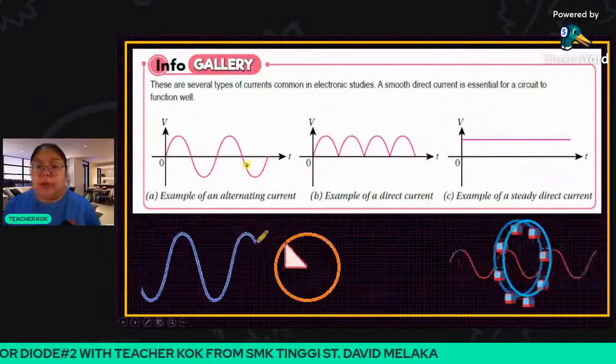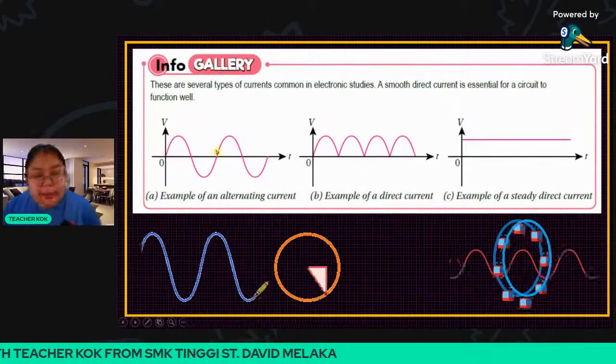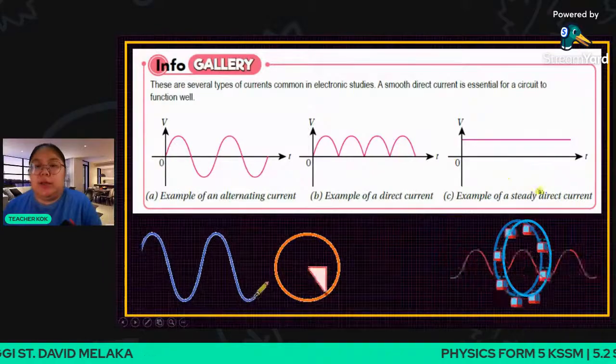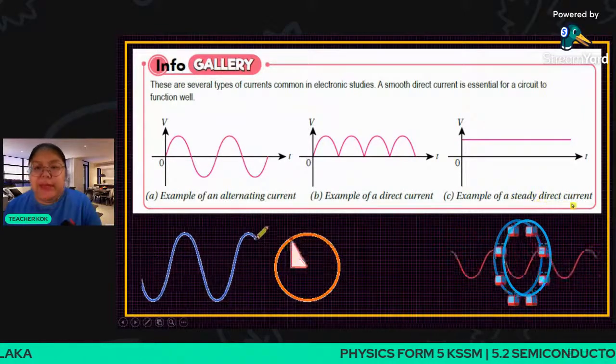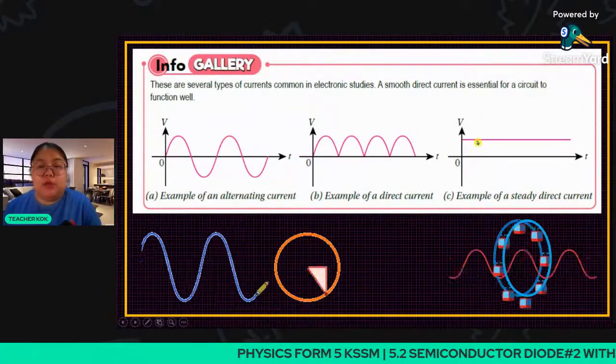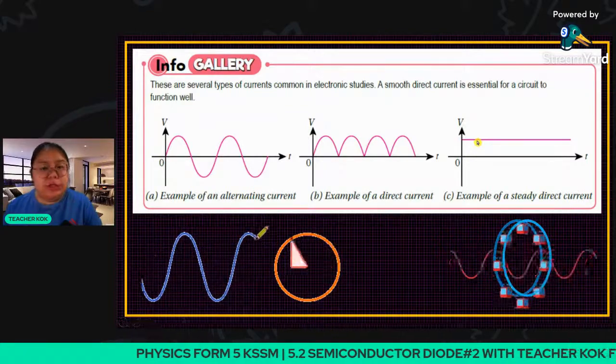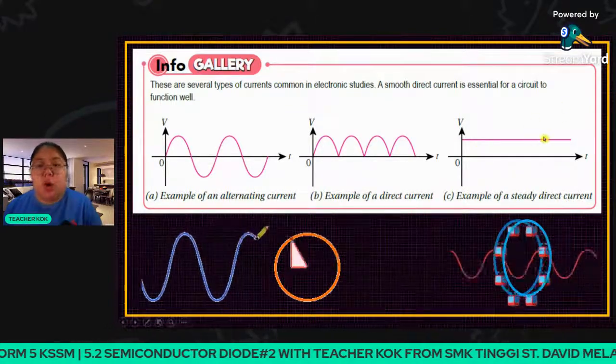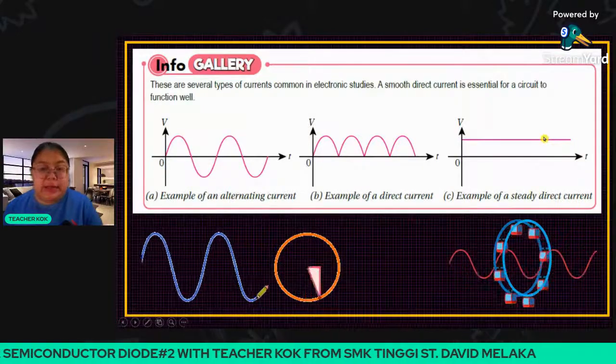Now we see the three samples. This one we call alternating current. This one is direct current after you convert. This one is an example of steady direct current. Steady means they do not lose any energy. They're just constant, never changing. So this one is also direct, but this one is steady.